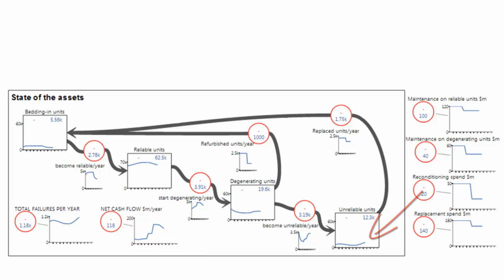On the right, you can see what the company's been doing on spending rates. It spent quite strongly on maintenance, both on reliable and degenerating units, for the first 8 years of this period. The company was then taken over by another owner who wanted to squeeze more profit out of the business.